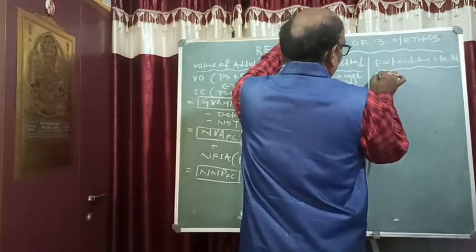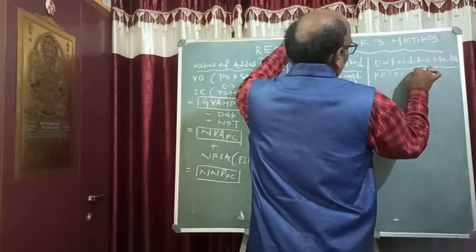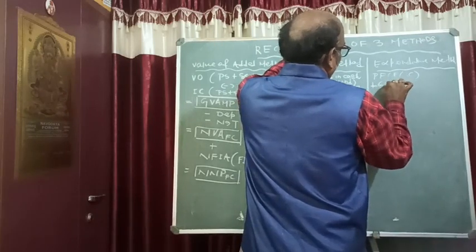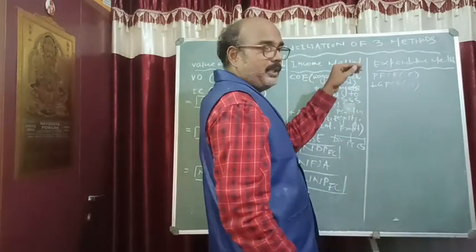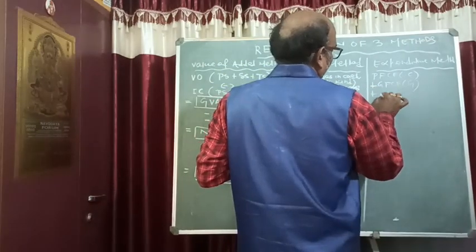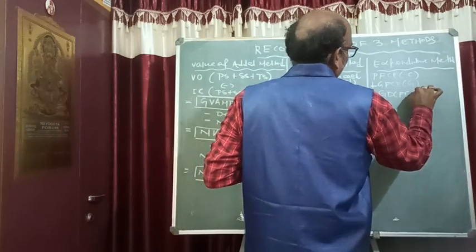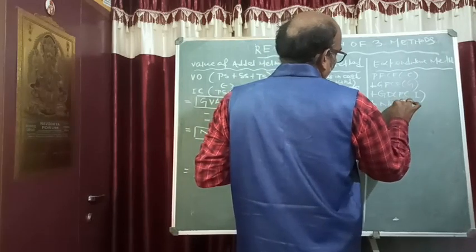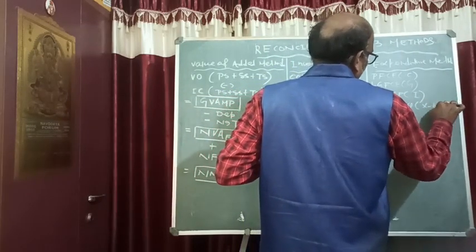Then in the expenditure method, your private final consumption expenditure, that is your C, plus government final consumption expenditure, that is your G, then your gross domestic capital formation, that is your I, then net exports, that is export minus import.